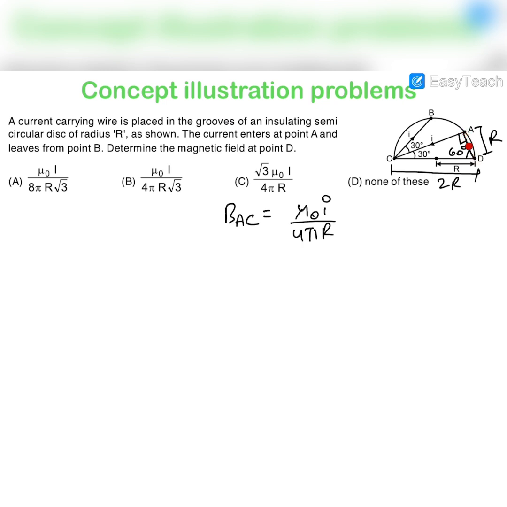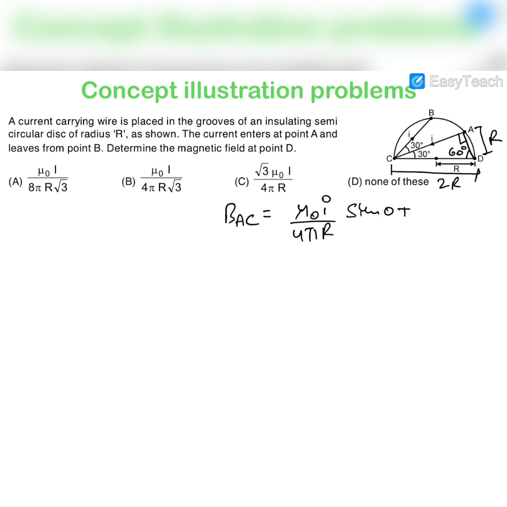So we know that phi 1 and phi 2 are the angles between the line connecting the point and the wire end, and that angle is measured with the perpendicular. So if this perpendicular is itself that line which is connecting the end and this point D, then we can say that one angle will be 0 degree and the other angle will be 60 degree.